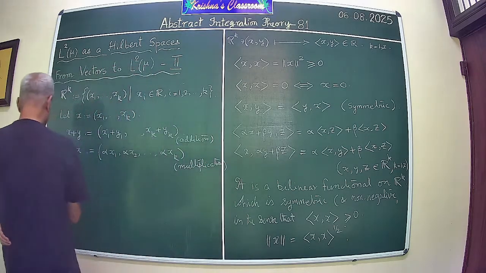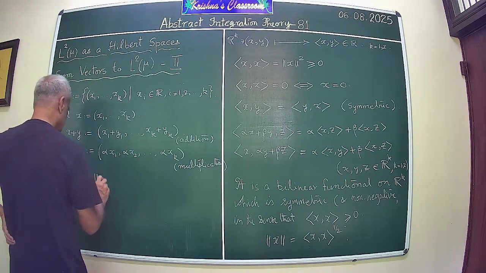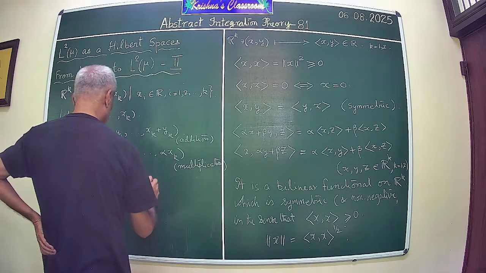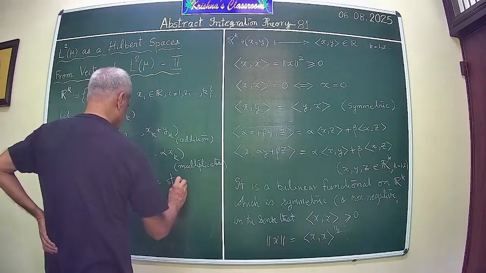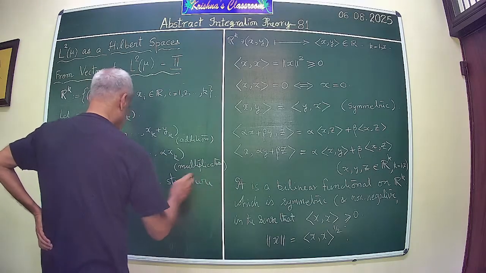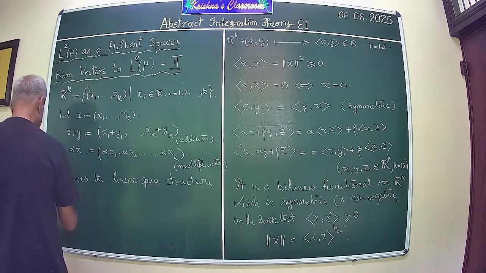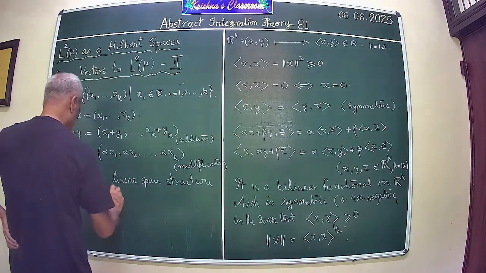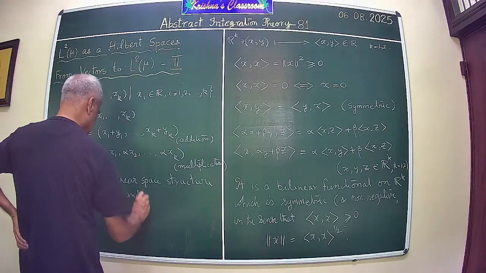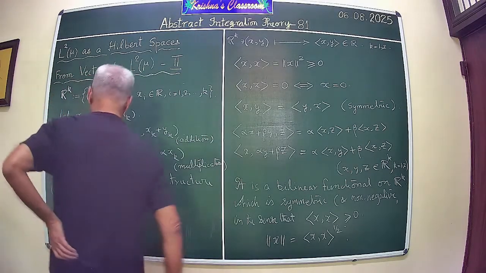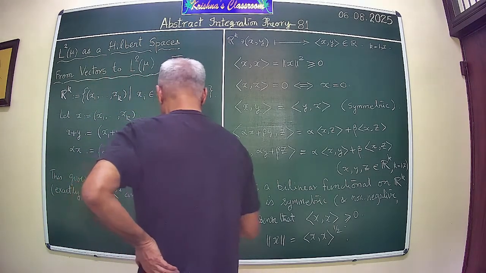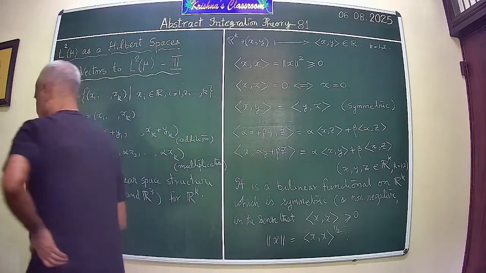Now this gives the linear space structure, exactly as in R2 and R3, and one can generalize all the results related to this.